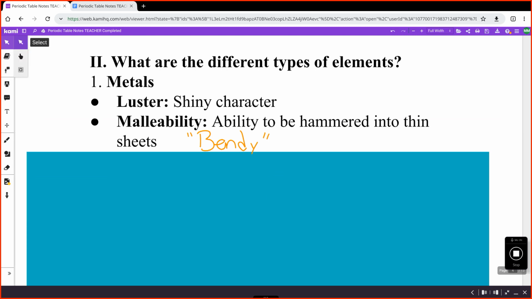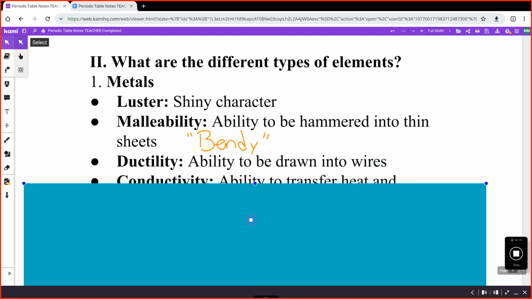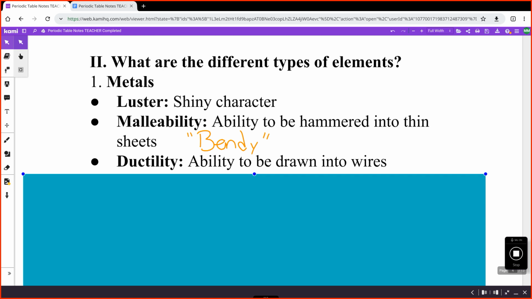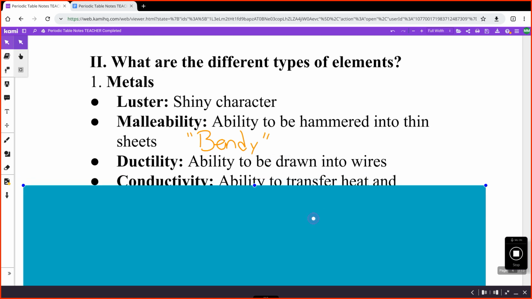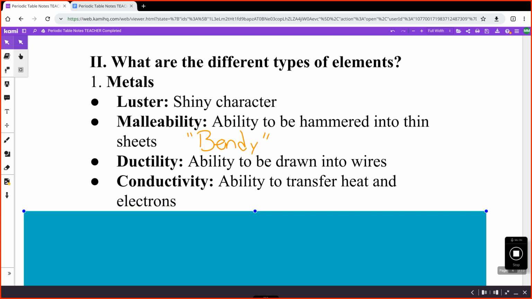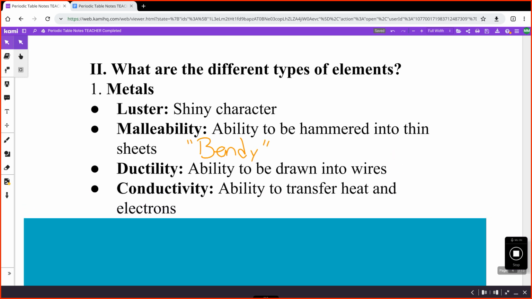Another characteristic of metals is ductility, right? So ductility means we can draw something into a wire. We can take a big chunk of a metal and pull it out slowly to be a wire. And this is very useful for our next characteristic because we use metals in wires, not only because they can be made into wires, right?